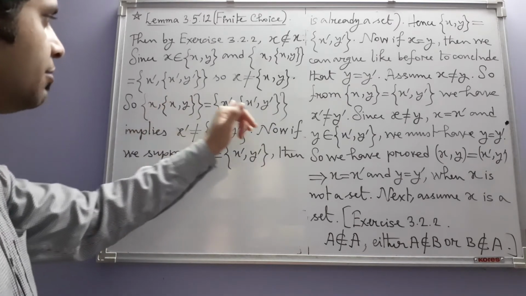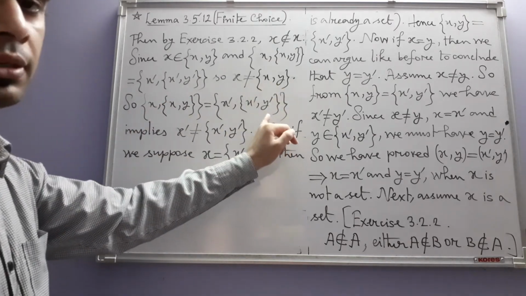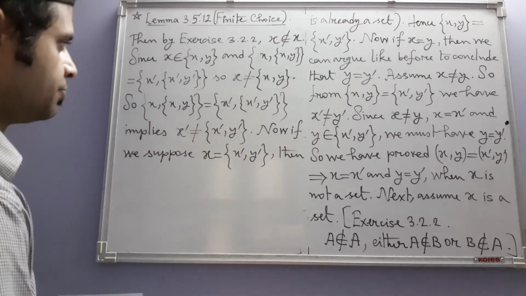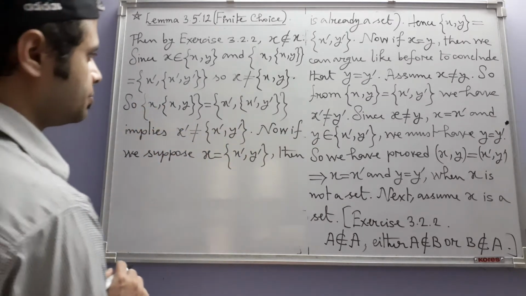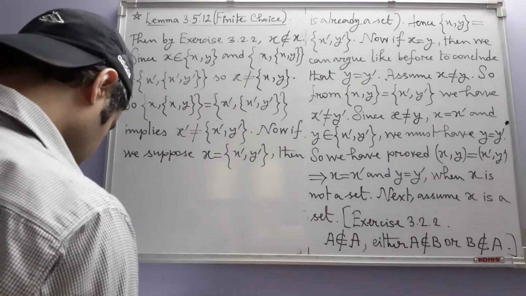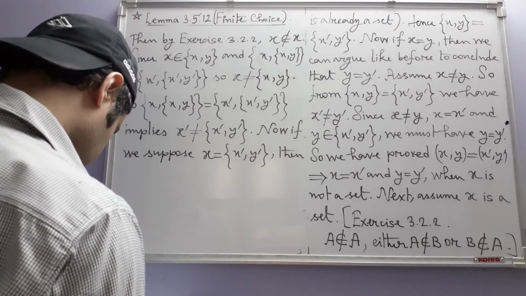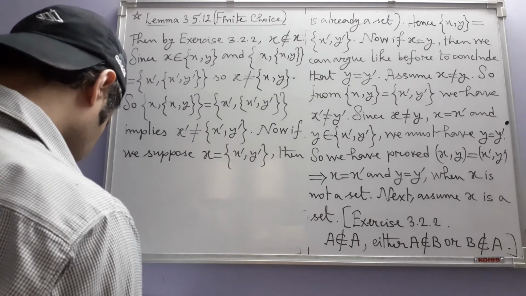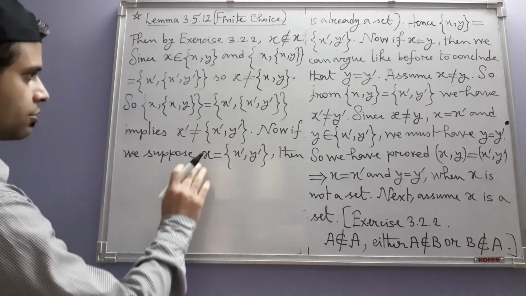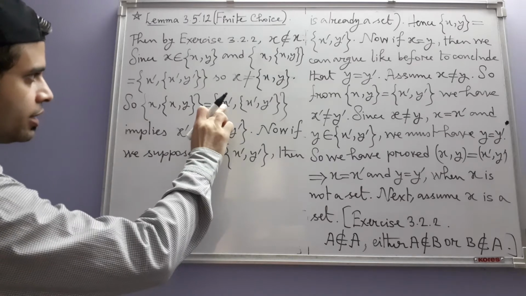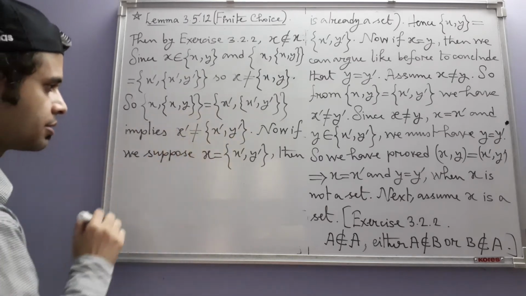However, what happens if x is equal to the other set? It may be, because now x is a set. Then what do we get? If x is equal to this, then we are forced to conclude that x' is equal to this.